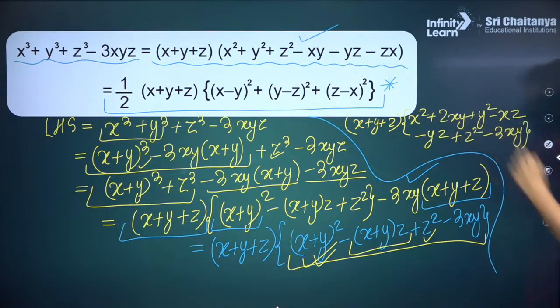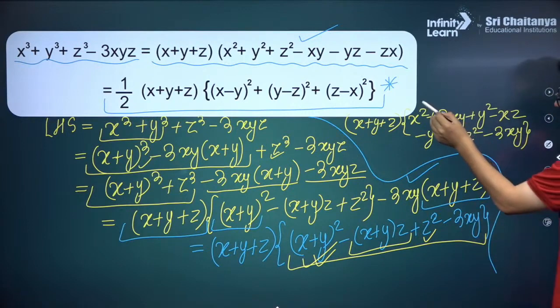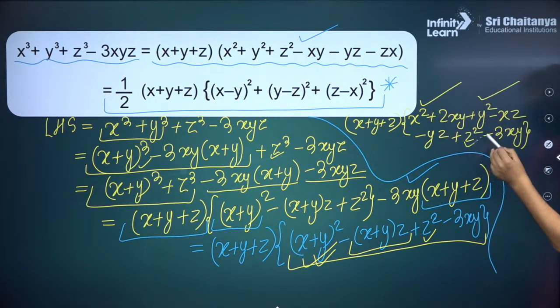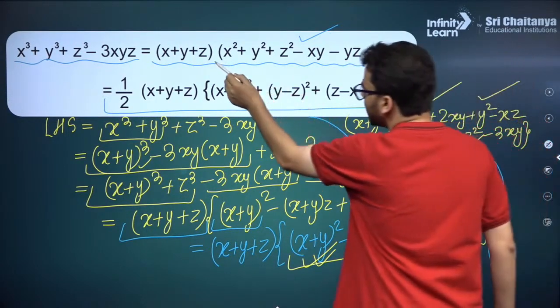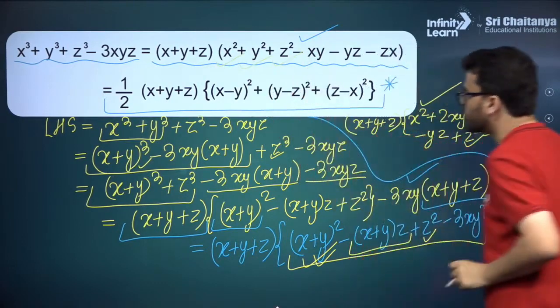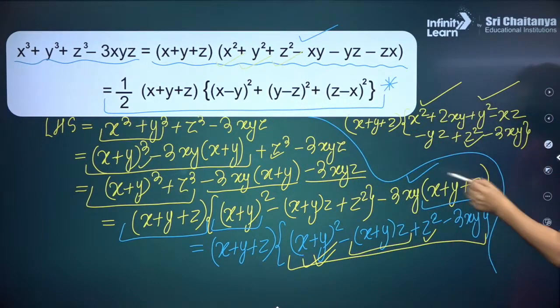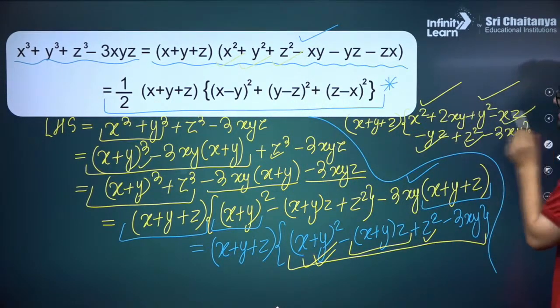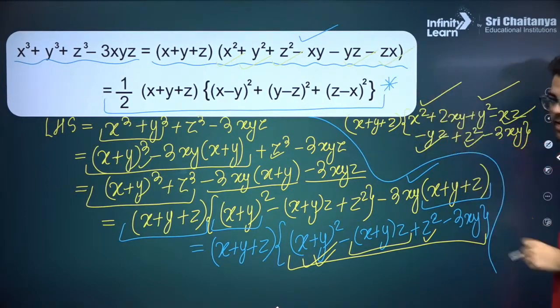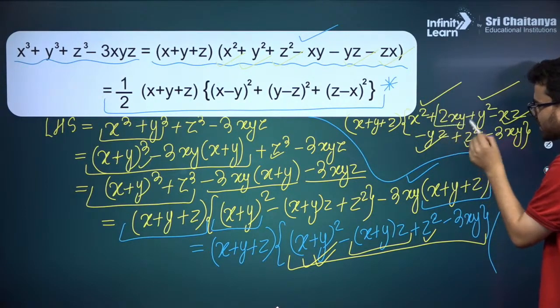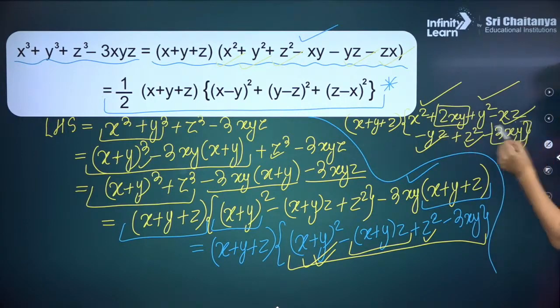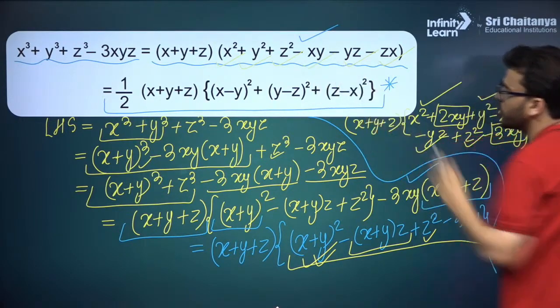Now you see, what are we getting? x square plus y square plus z square. Over here as well, x square plus y square plus z square, and minus yz minus xz, and 2xy minus 3xy will give you minus xy only.